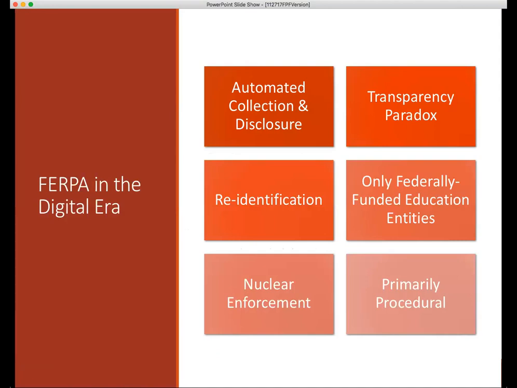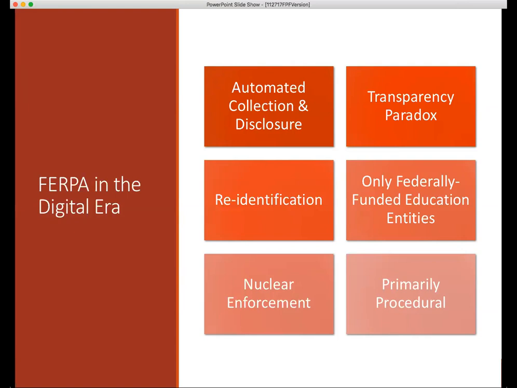So in the digital era, the FIPPs are not as effective as they were with paper records for several reasons. And when I say not as effective, I mean not as effective in addressing the concerns that really prompted them in the first place, which is about accuracy again, outdated information, irrelevant information, unauthorized access, inappropriate disclosure, and disclosing for purposes that are not educational and might be commercial.